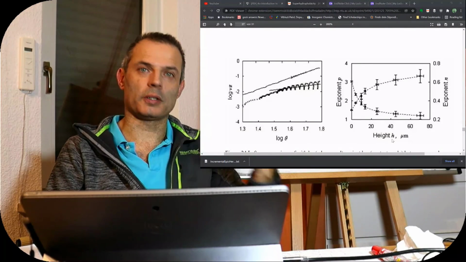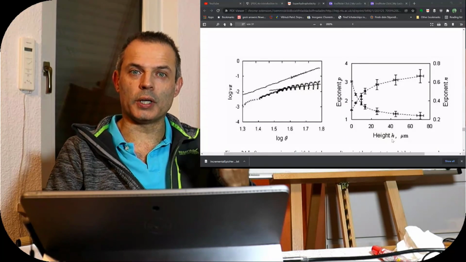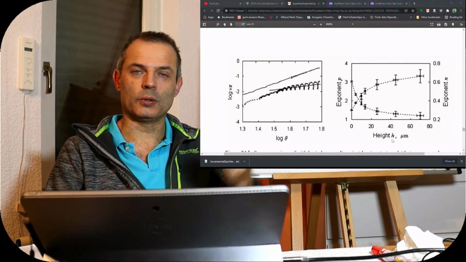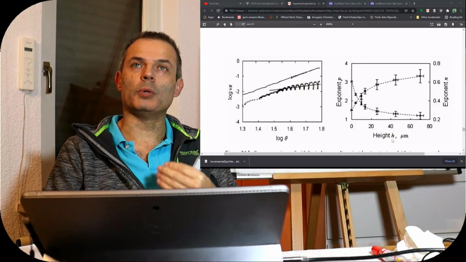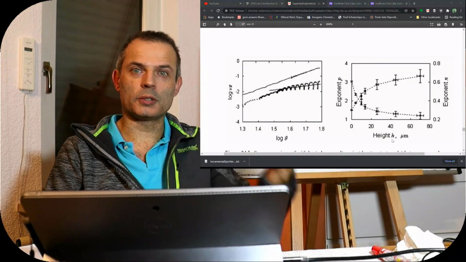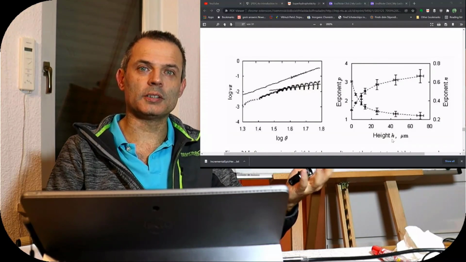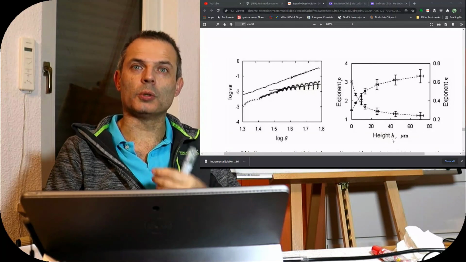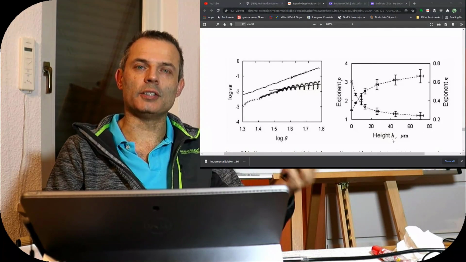So it is possible mathematically to see whether we have got super spreading or not. Practically we can't see it with a drop because it always goes to zero contact angle, but it is possible by measuring the rate of change of speed.